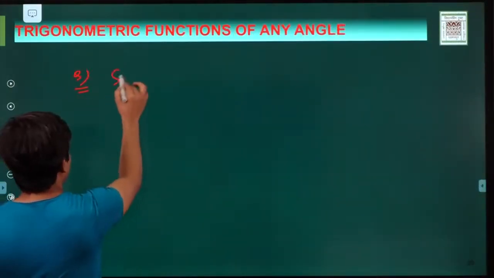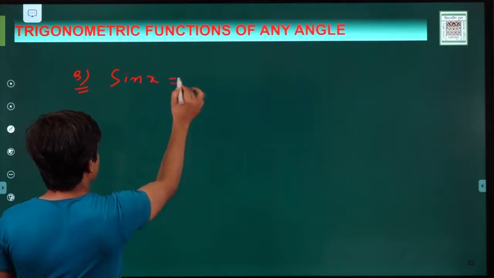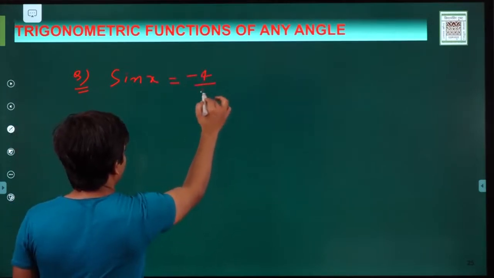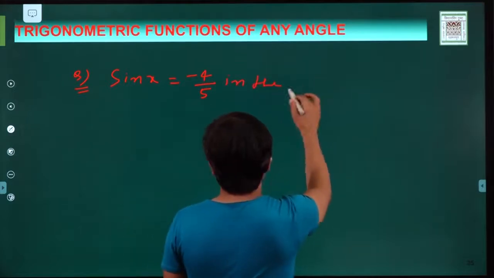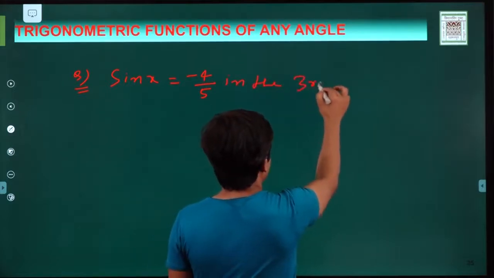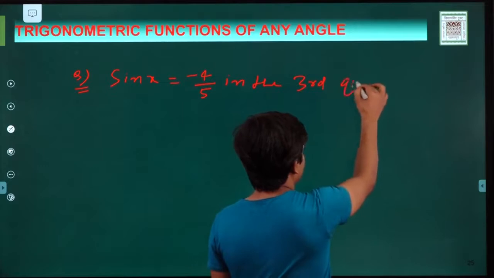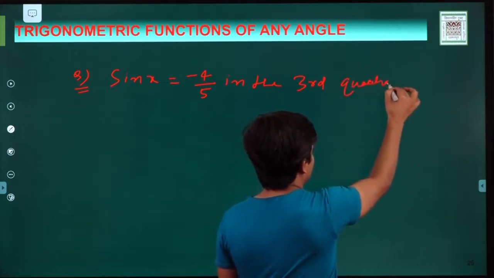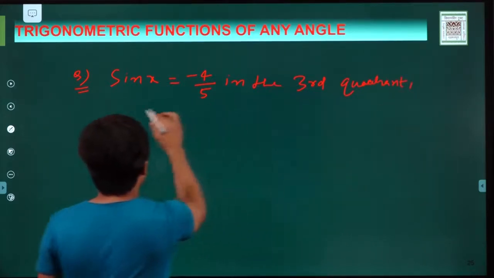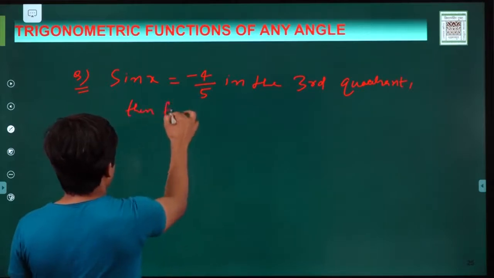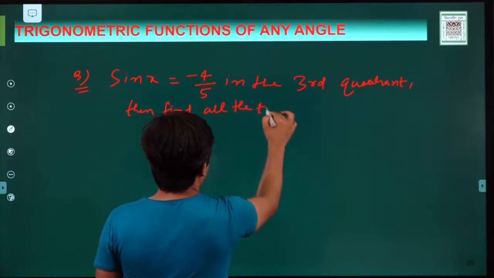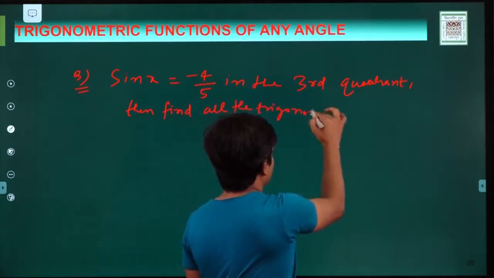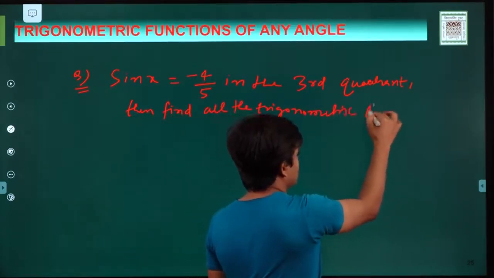For example, if your sin x is minus 4 by 5 in the third quadrant, then find all the trigonometric ratios.